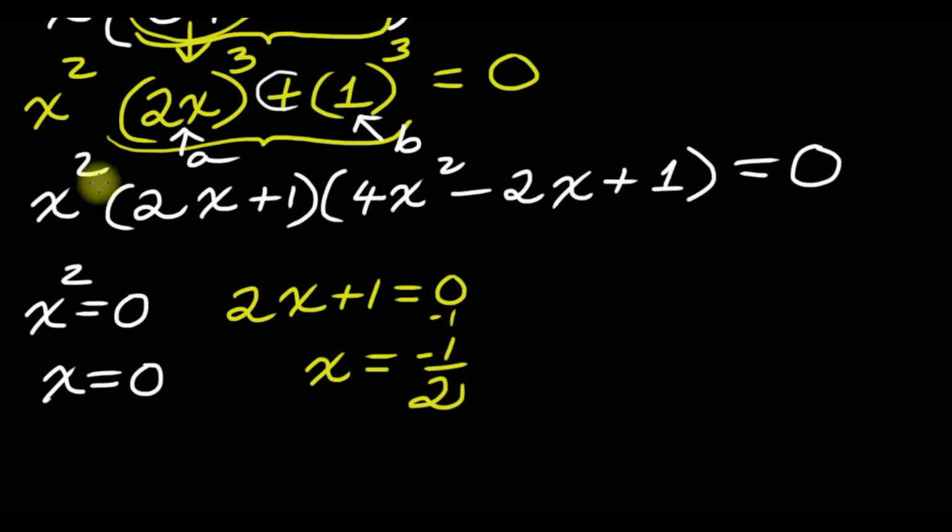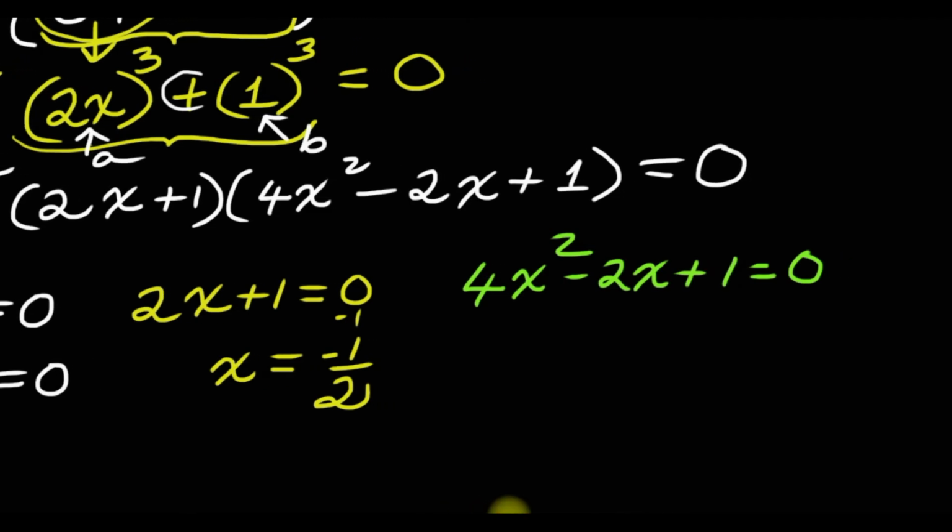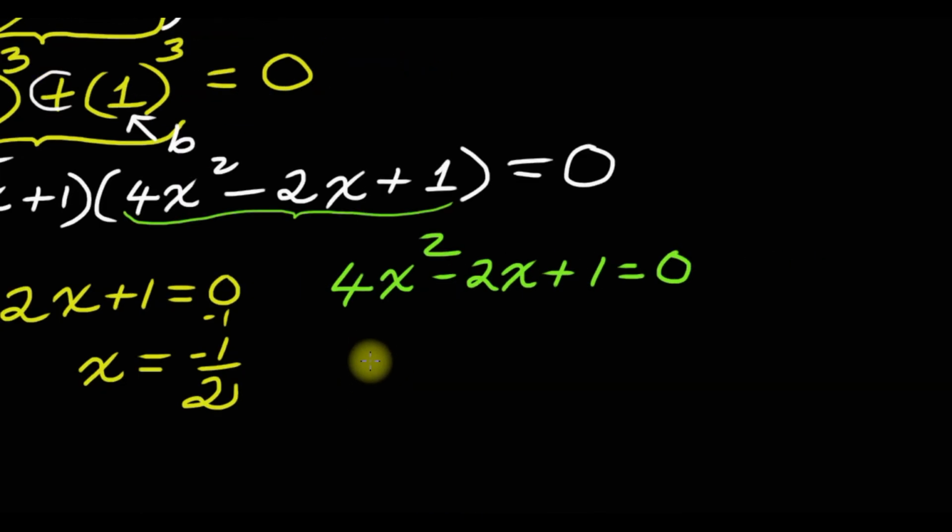And then the other one is 4x squared, take away 2x plus 1 equals 0. Now this is a quadratic equation. I'm going to go ahead and use the quadratic formula to solve this.